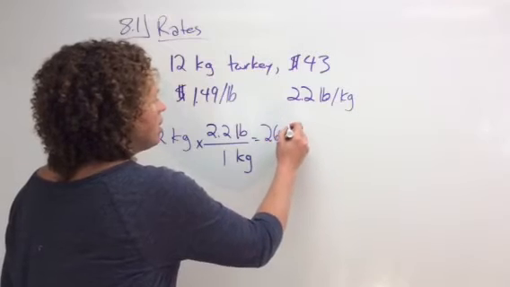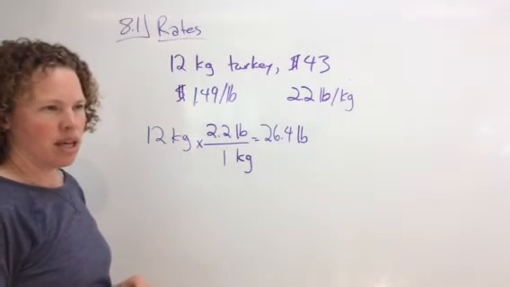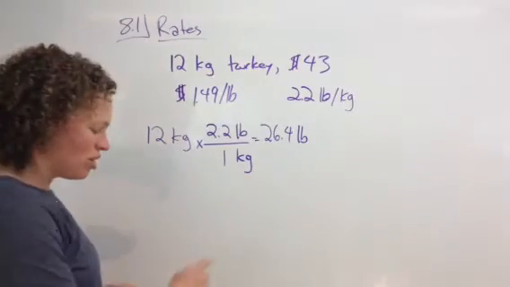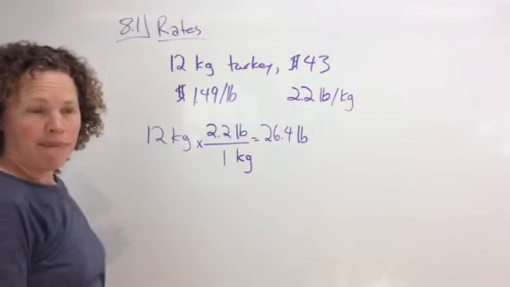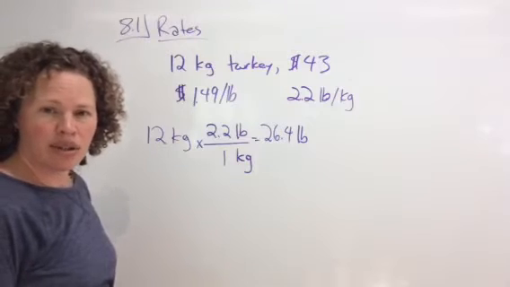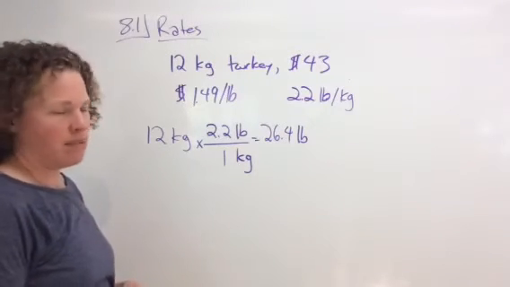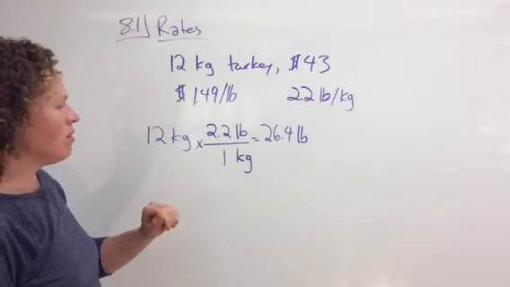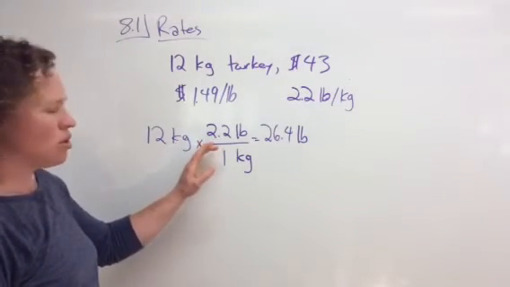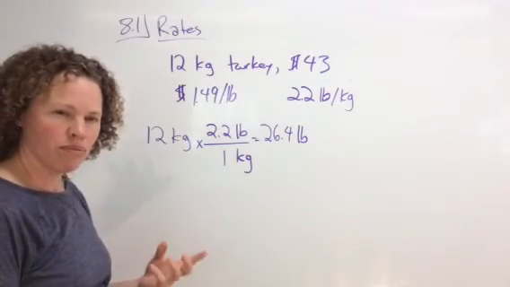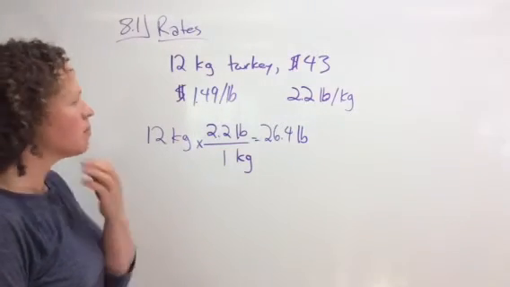It's always a good idea to think about your numbers and decide whether they're reasonable, because maybe you made a mistake when you punched it in and you made 1.2, whatever. You just want to look at your answer and go, does that seem reasonable? Estimate, decide. 12 times 2 is 24. 12 times 2.2 should be a little more. 26.4 is a little more than 24. On the right track, we can keep going.